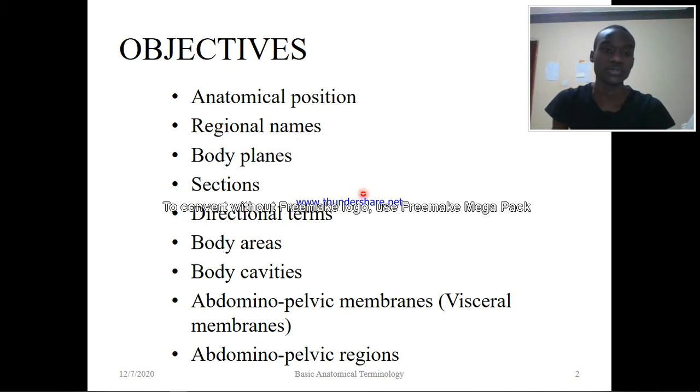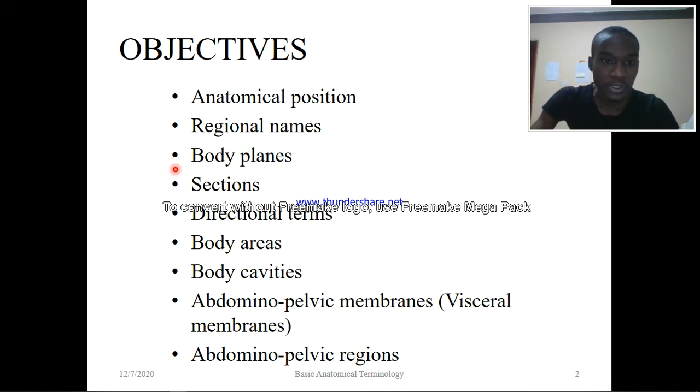identify particular regional names in the body, and mention or list them. They are important because of why we are interested in the terms we use in referring to particular regions of the human body.